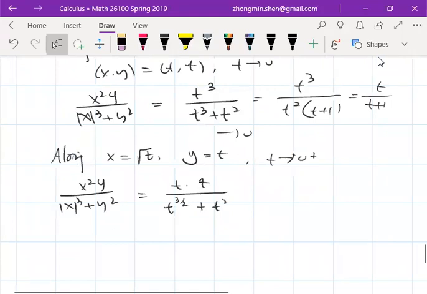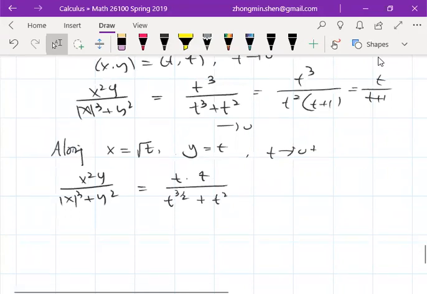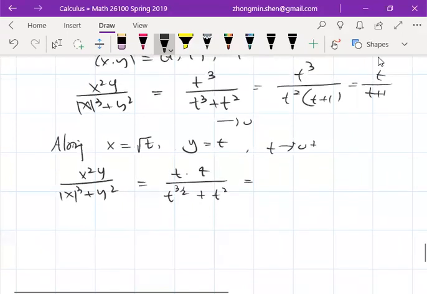So let's see if we are able to prove this is going to be a different number. If I take this out, it still approaches 0. Can you see that, right?